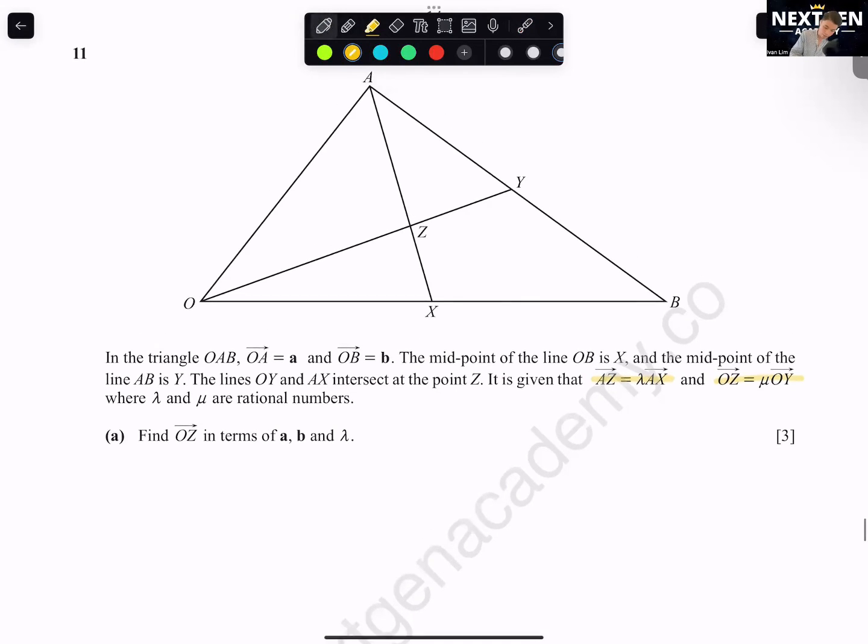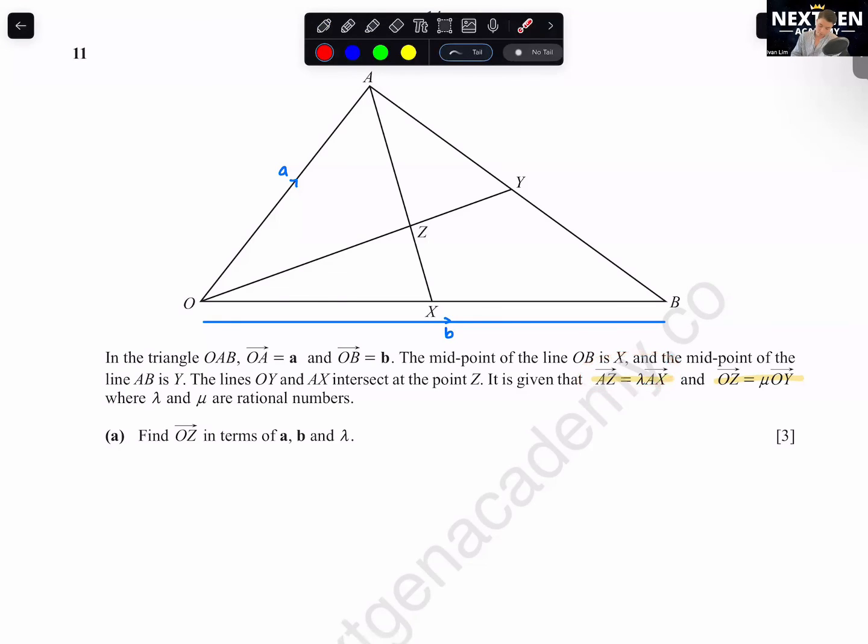Okay, so I list down what they give us here first. This is a. This entire thing is b. I want to find in terms of lambda. You see, in the question, they gave us a lambda AX. So OZ, they give us AZ. So OZ, I'll take OA plus AZ, but I need to find what is AX first. How to get AX?